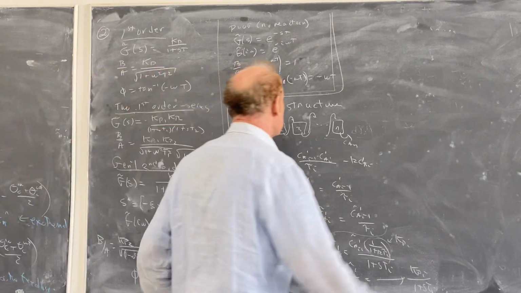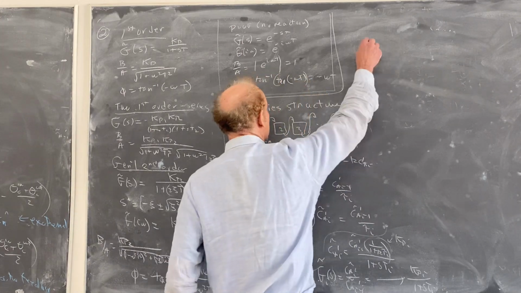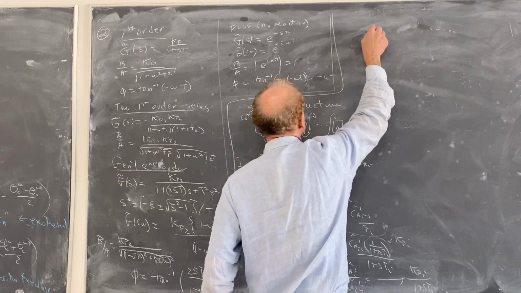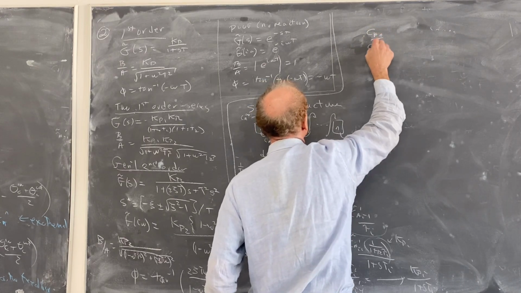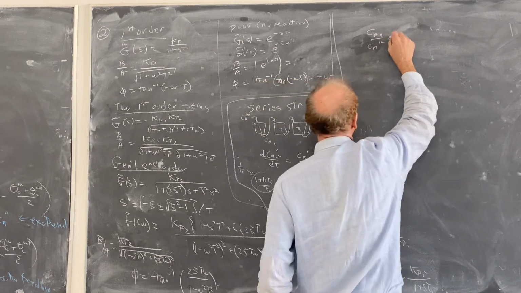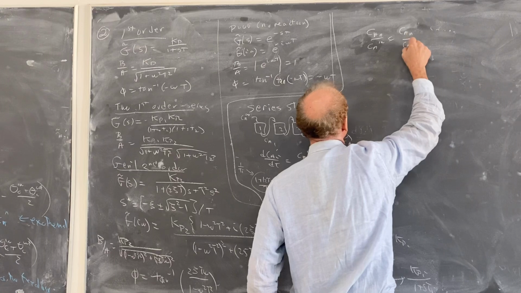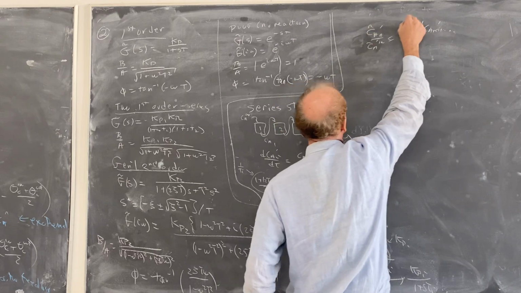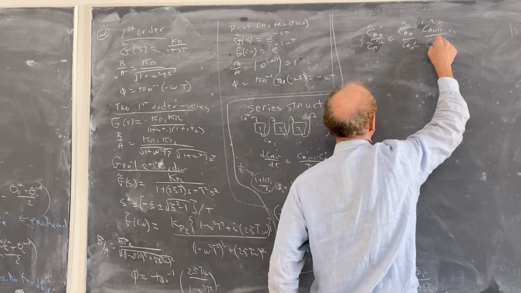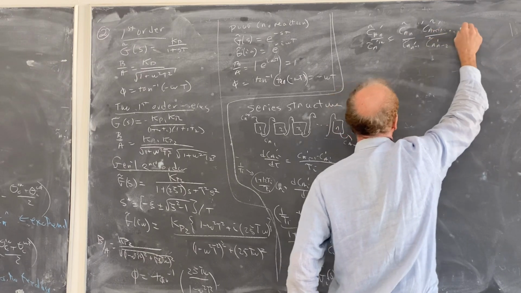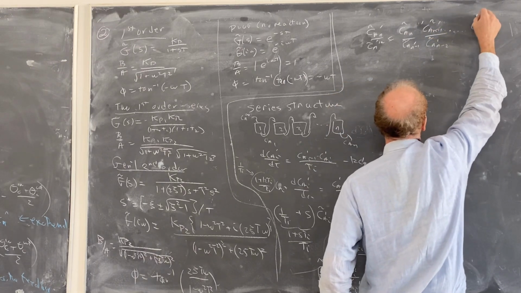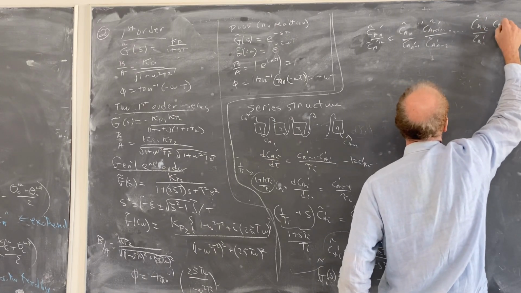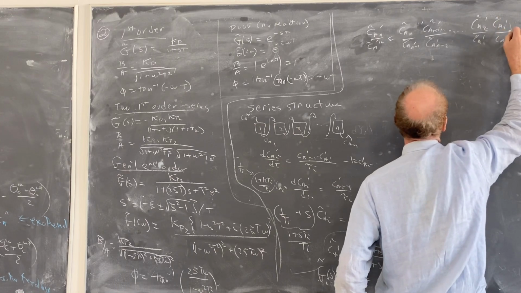So I can always write G tilde overall, CAN over CA in, as CAN over CAN minus 1, times CAN minus 1 prime tilde over CAN minus 2, dot dot dot, times CA2 prime tilde over CA1 prime tilde, times CA1 prime tilde over CA in prime tilde.